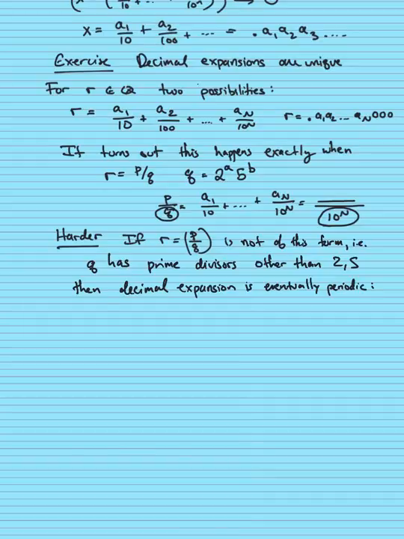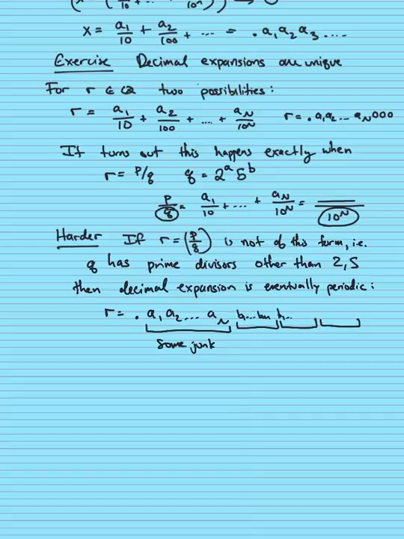What this means is that there might be some junk at the beginning up to some point. But then after that, it's just a repeated block of the same decimal expansion: b1 up through bm, b1 up through bm, and that continues indefinitely.